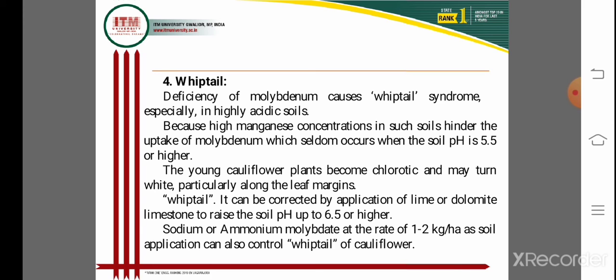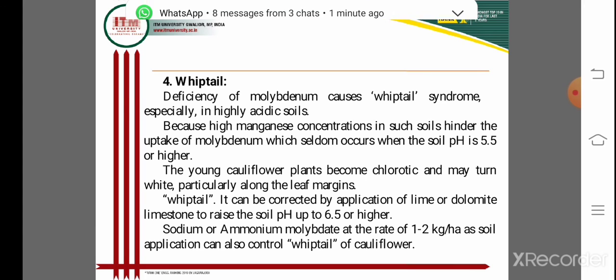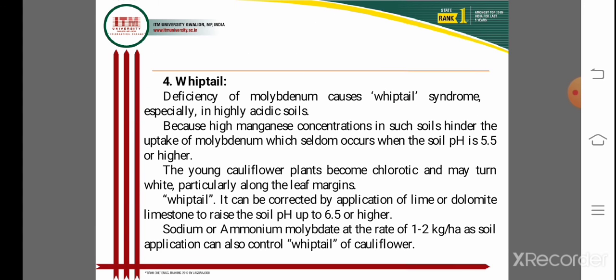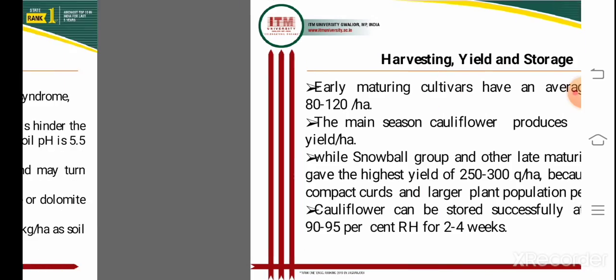It is also very effective to apply sodium or ammonium molybdate at the rate of 1 to 2 kg per hectare. Soil application can also control the whiptail physiological disorder in the cauliflower.